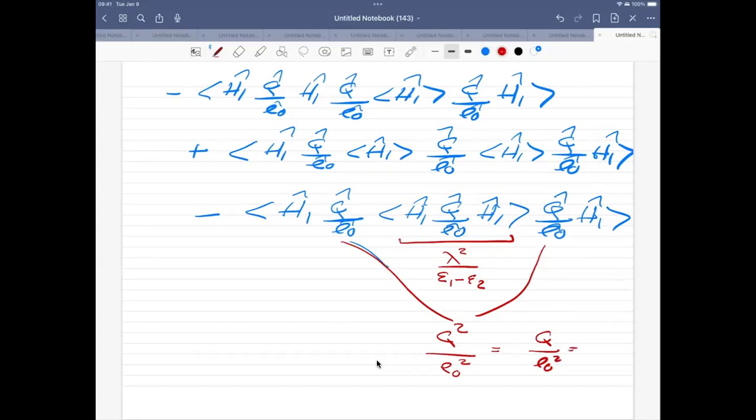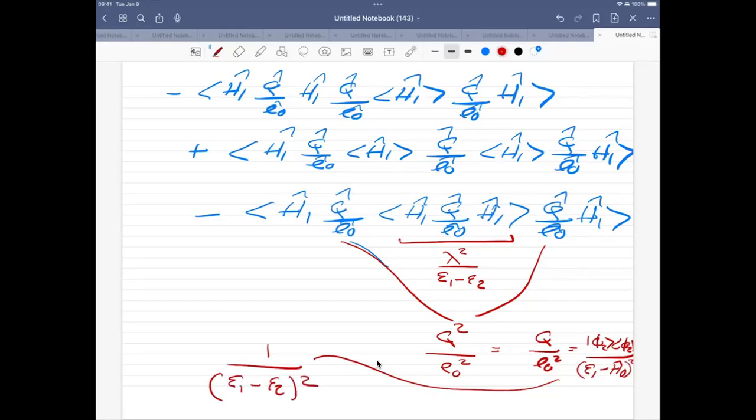So that becomes equal to phi 2 of phi 2 divided by this epsilon 1 minus H0 squared. Since I have only one intermediate state here, I'm going simply to have a term when I put in everything, which is just equal to epsilon 1 minus epsilon 2 squared.